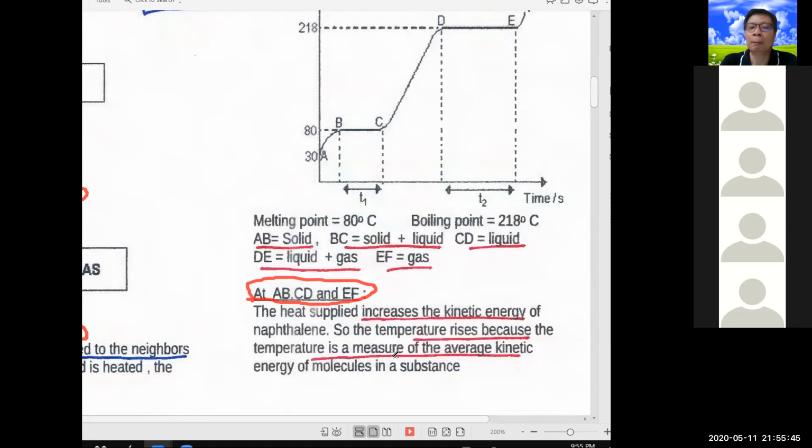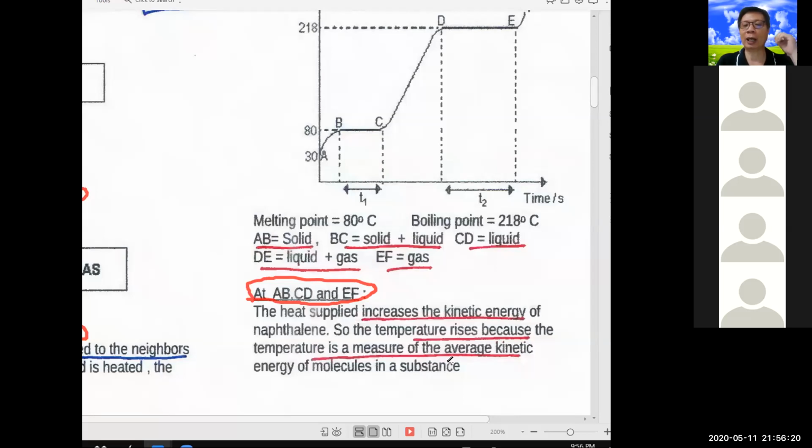During these parts, A, B, C, D, E, F, the heat supplied is used to increase the kinetic energy of the molecules. The molecules vibrate faster, have more kinetic energy, and move faster, so the temperature increases. When you have more kinetic energy, the temperature is higher.